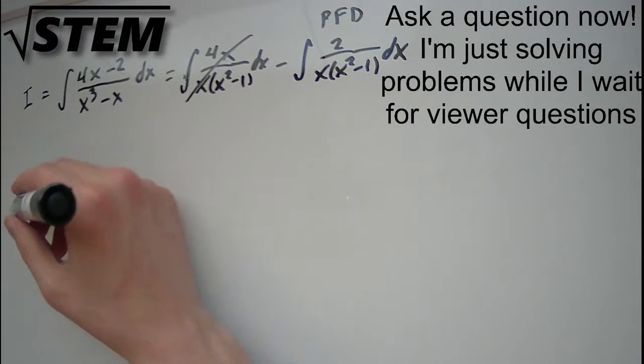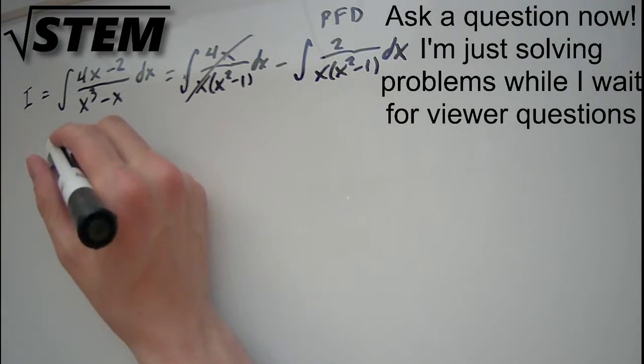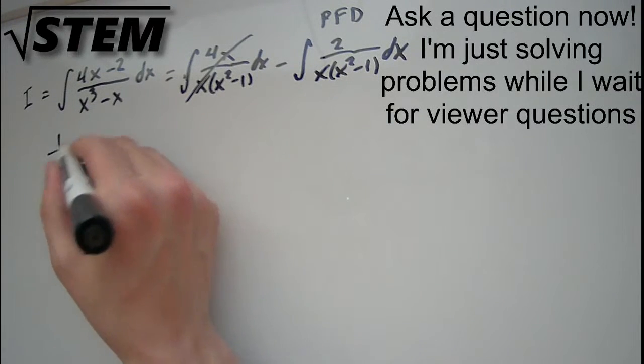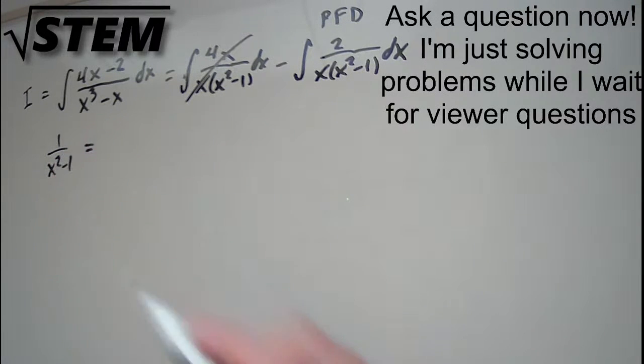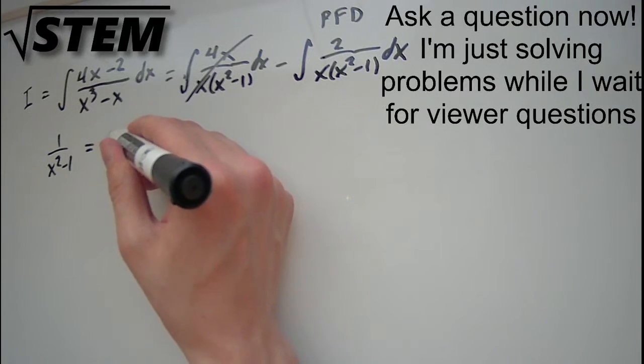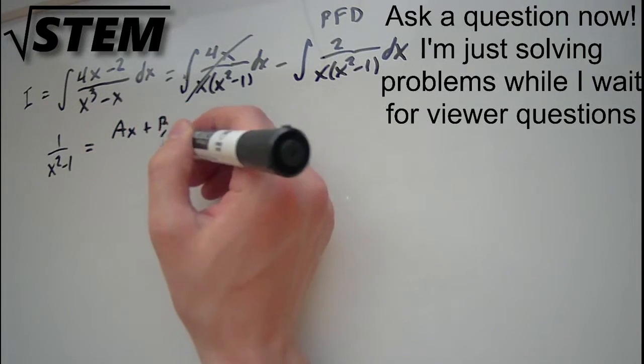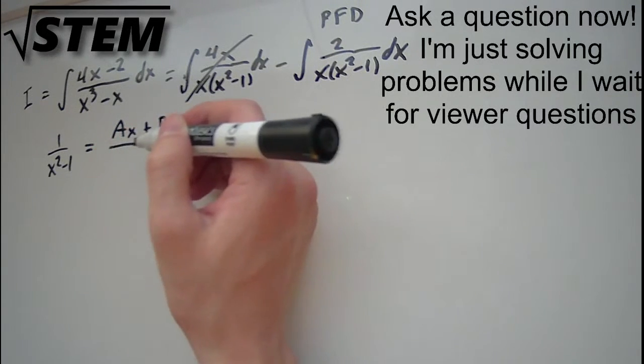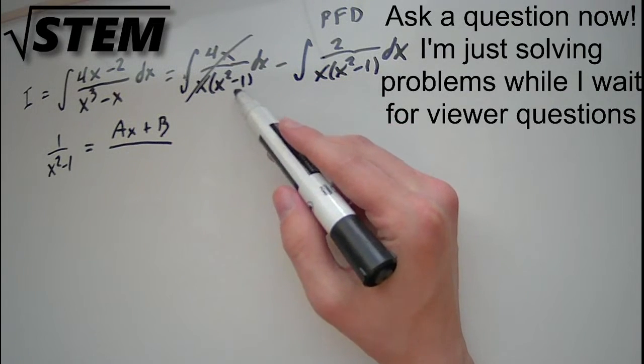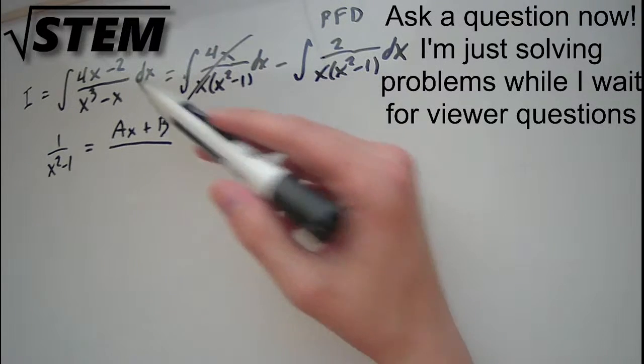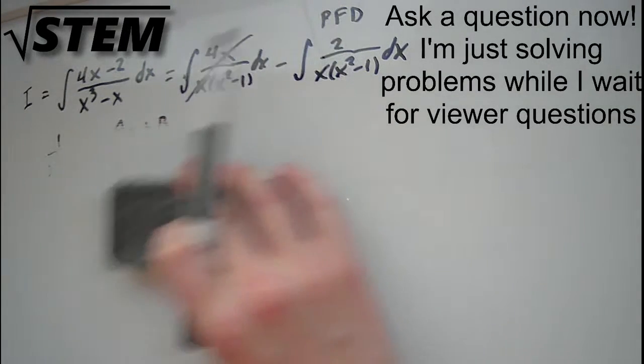So, with partial fractions, we're going to say, let's do this one first. 1 over x squared minus 1 is going to be equal to ax plus b over... oh wait, we can't do a partial fraction of... I think we just need to do the partial fraction on the original integral rather than trying to break it up.